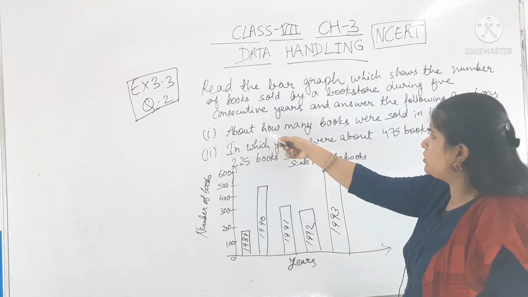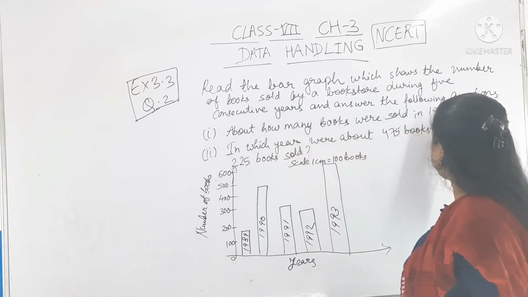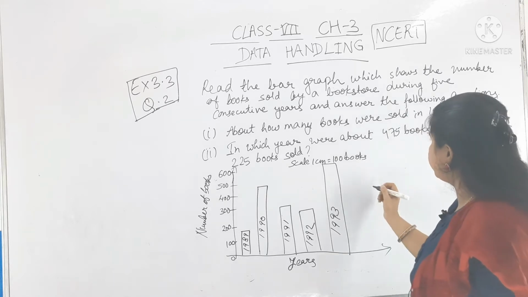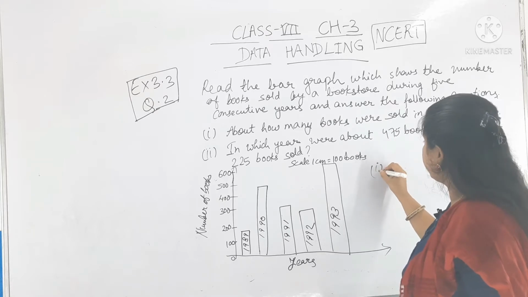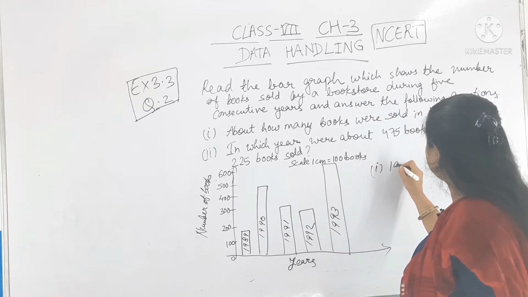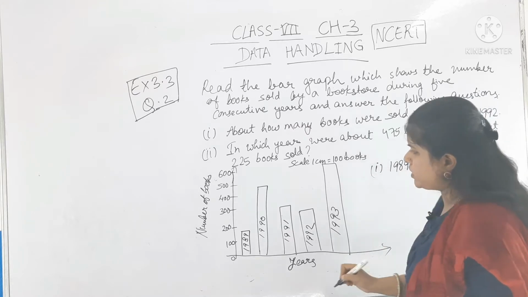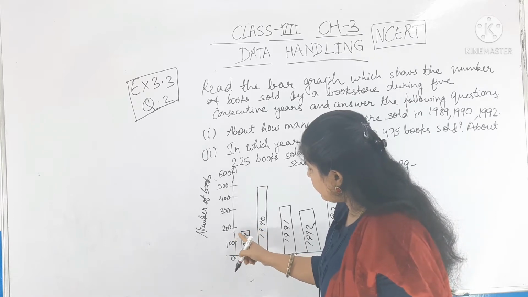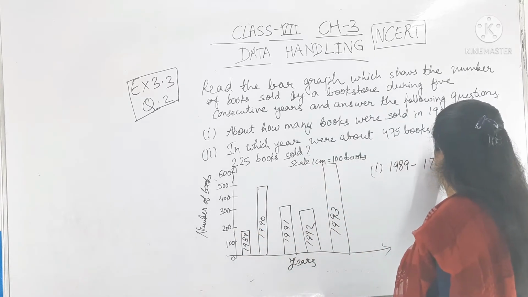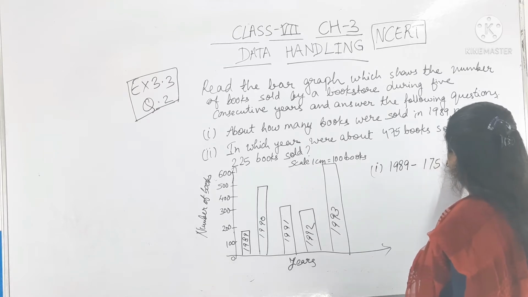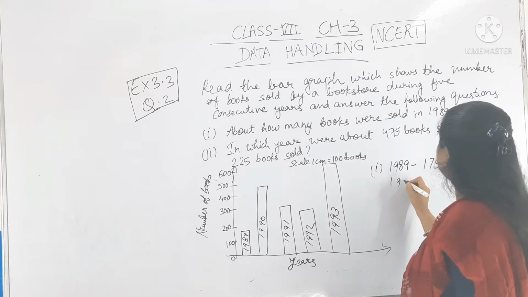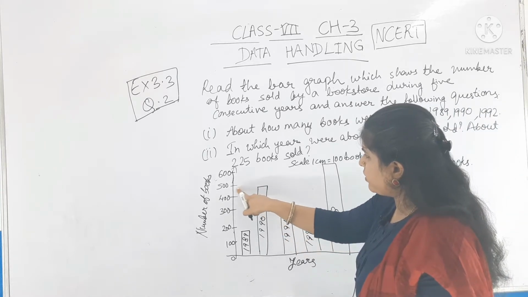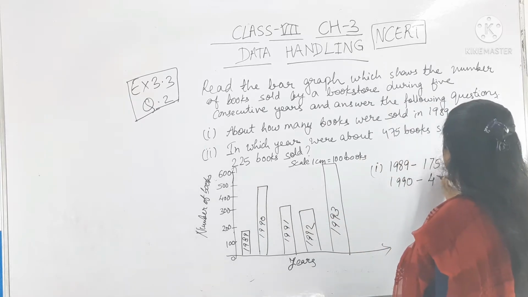Okay, so the first question is how many books were sold in 1989, 1990 and 1992. So here you can write, for 1989 it is near to 200, okay, is it 175 books. In 1990 you can see this, it is near to 500, maybe 475 books.